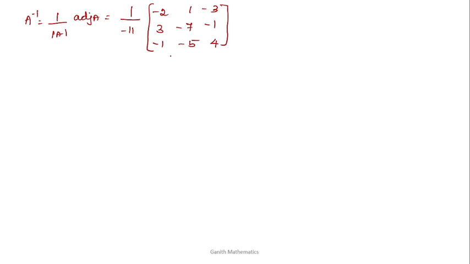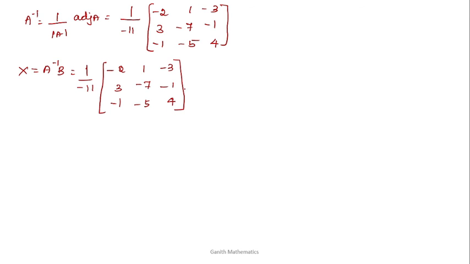Right? And to find the value of x, that is x, y, z, I have to substitute in the formula A inverse B. So it is 1 by minus 11 into minus 2, 3 minus 1, 1 minus 7 minus 5, minus 3 minus 1 4, and the value of B is 8, 2, minus 1.